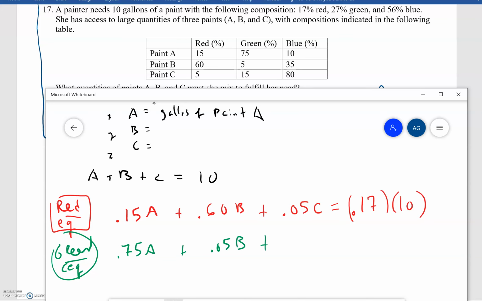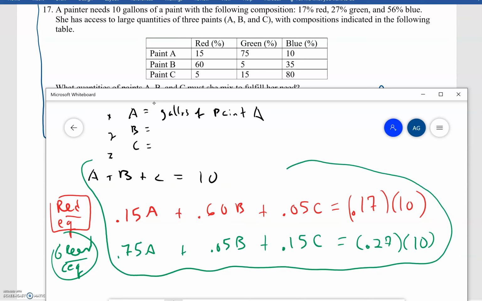Paint C is 15%. And the final amount is 27% of the 10 gallons. I could also write a blue equation, but I don't need to because this is 3 equations. That's enough to solve for my 3 variables.